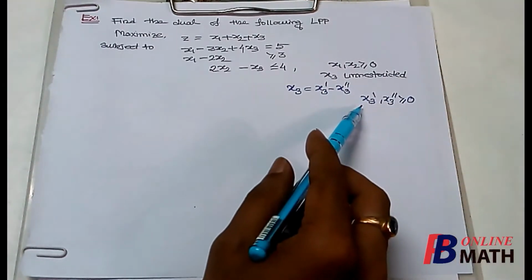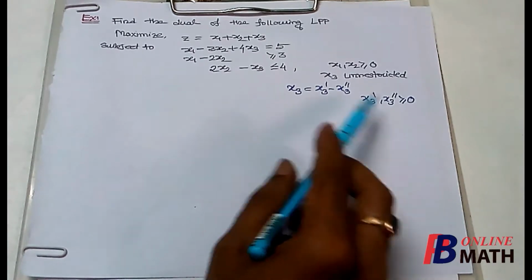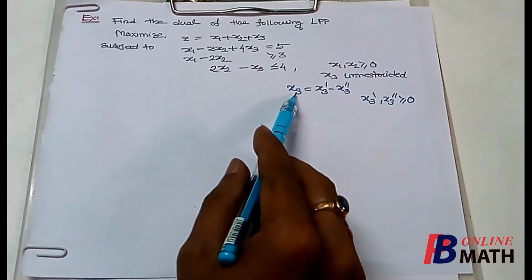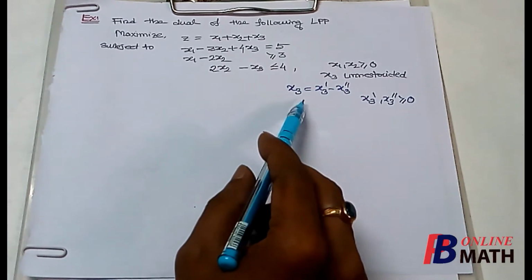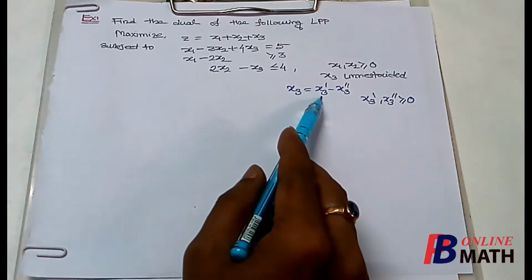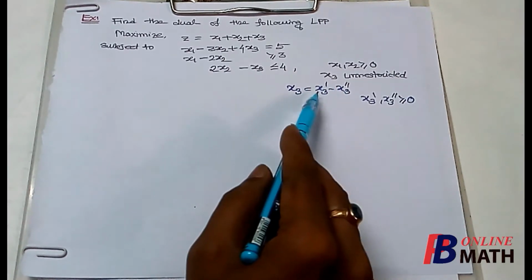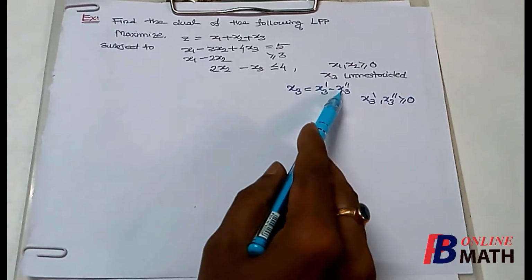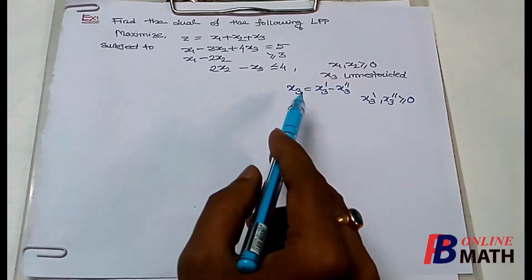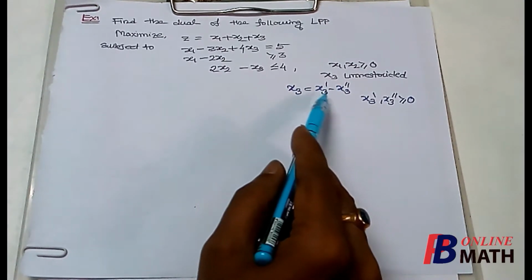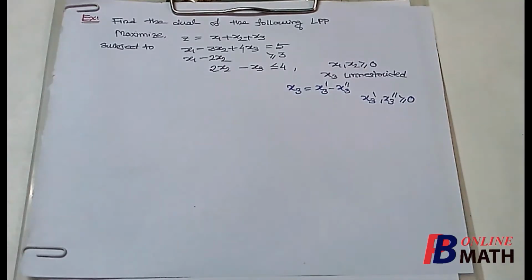So if x3 dash and x3 double dash are non-negative, then the sign of x3 may be positive, may be negative, or may be 0. If x3 dash is greater than x3 double dash, then it is positive. If this is less than x3 double dash, then it will be negative. If these two are equal, then x3 will be 0.